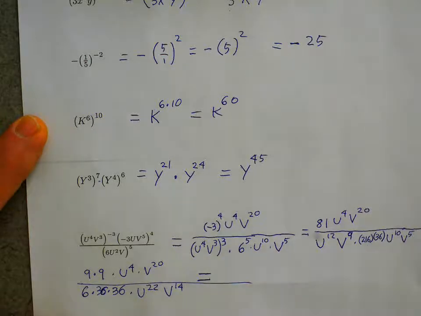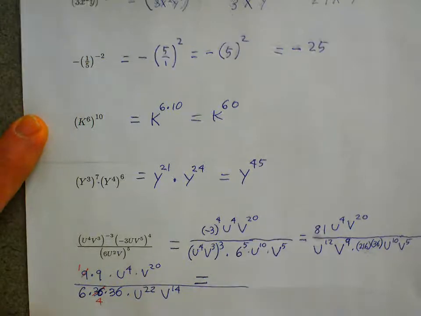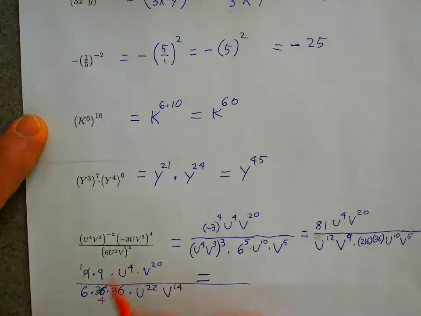Okay, so we know that 9 goes into 36 4 times. So I'm going to reduce that part. And this 9 goes into that 36 4 times also. And now we're ready to write the simplified form. In the numerator, we just have a numerical coefficient of 1 times 1 times u to the 4th times v to the 20th.